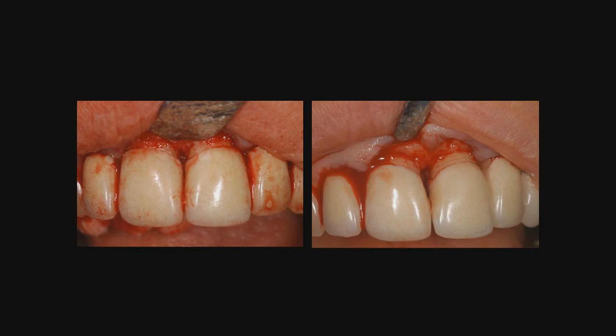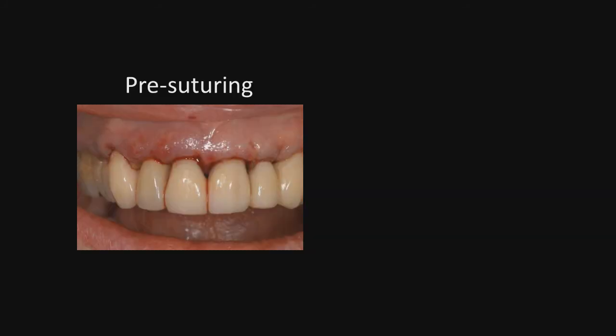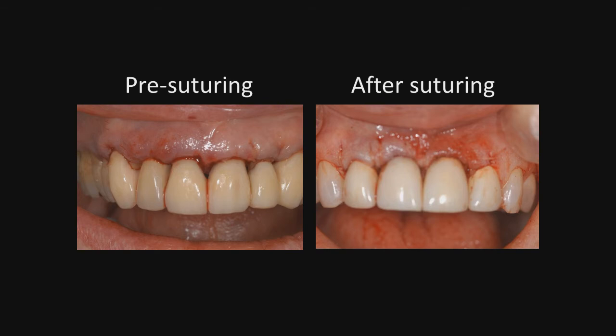Same thing is true on the central incisors. Notice how the embrasure space has been obliterated on the left with the over-contoured crowns, and then we see how this has been opened up, and let's see how that's going to turn out. So this is the way it looks pre-sutured, and this is the way it looks after suturing.